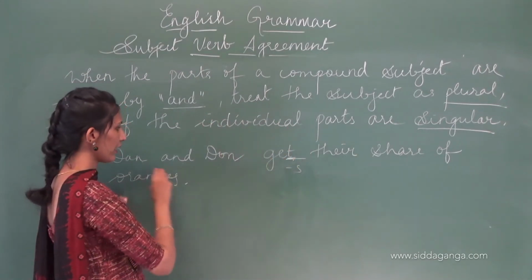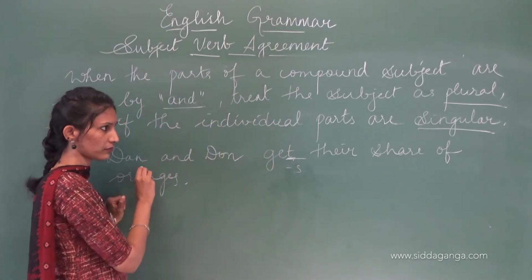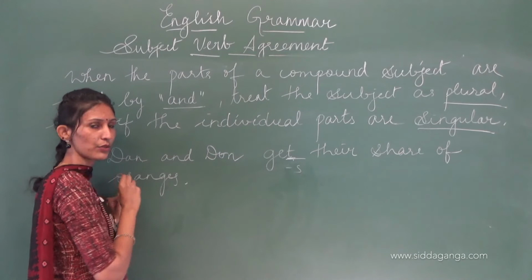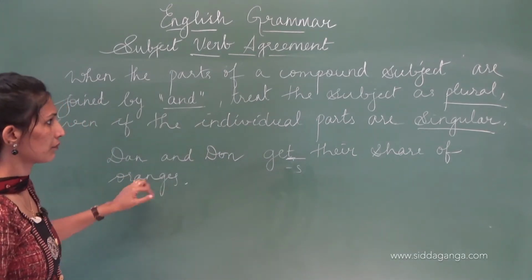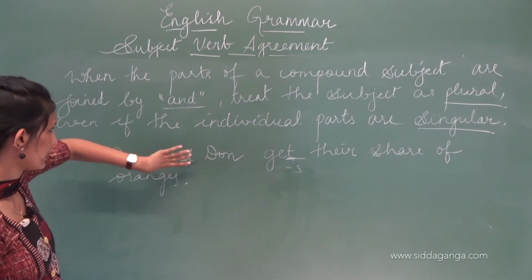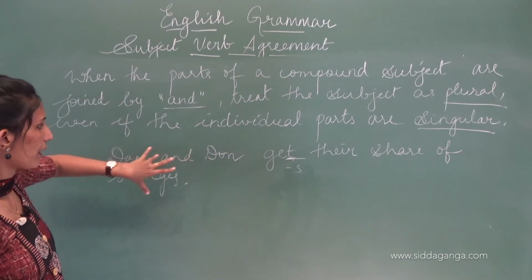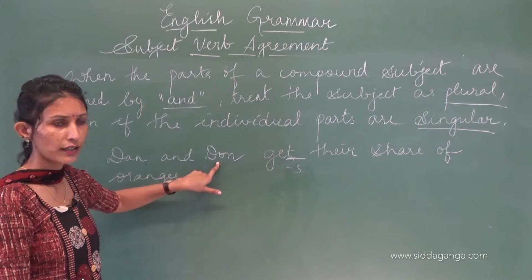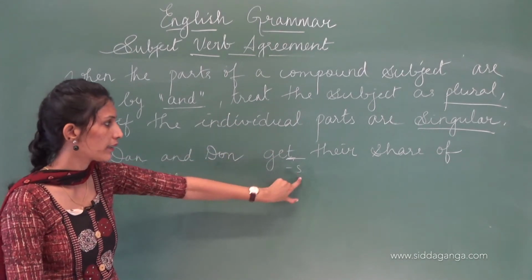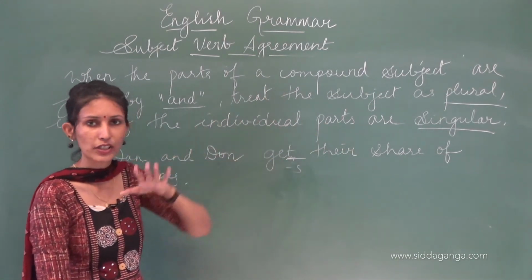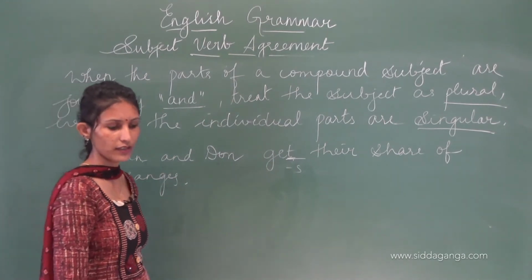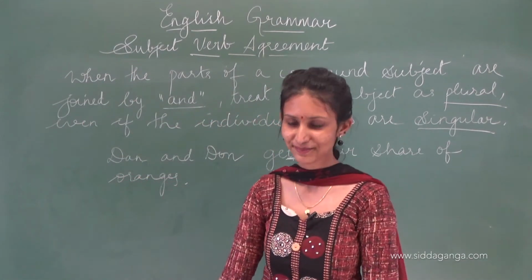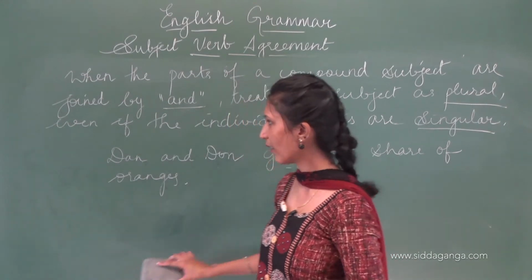Okay, now they are together, individually singular, isn't it? Even if their individual parts are singular, you got to treat them plural, and when it comes in the verb you minus s, so it's get their share of oranges. Okay, get their share of oranges.